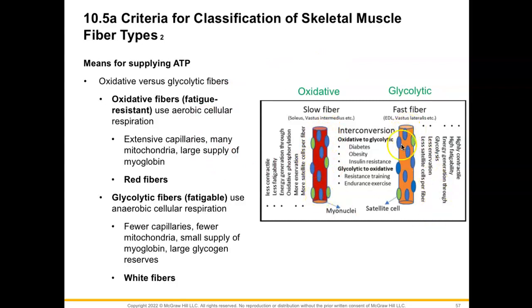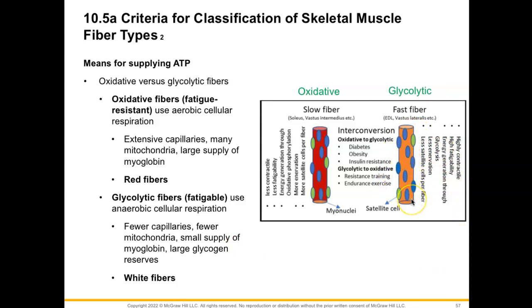Our glycolytic fibers or our fast twitch muscle fibers are going to be fatigable and will use anaerobic cellular respiration. So remember, we only got a few ATP through these processes, whereas with aerobic cellular respiration, we got 30 ATP out of one process. So we'll see that these muscle fibers won't need as many capillaries surrounding them.